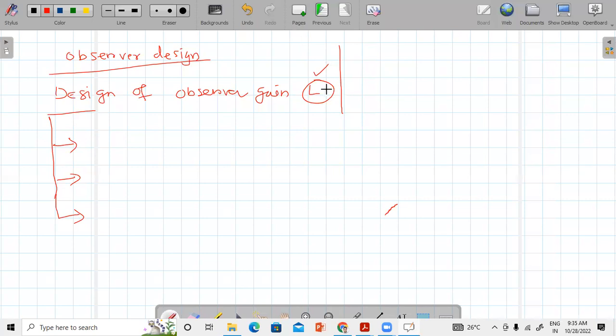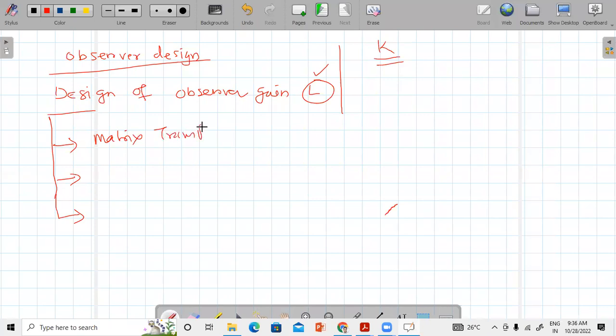We have already seen the methods to design K. So what can be the methods to design L? Ajay? अरे बोला काहीतरी? Yes, Sanchit has given the answer.